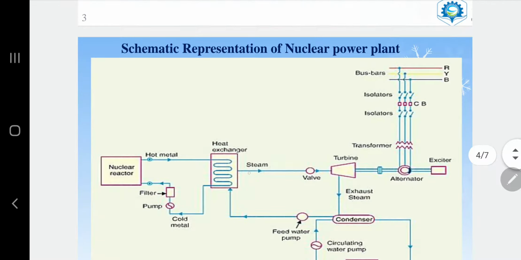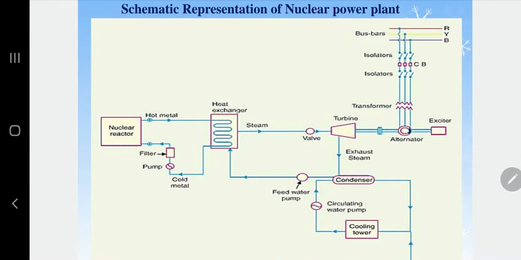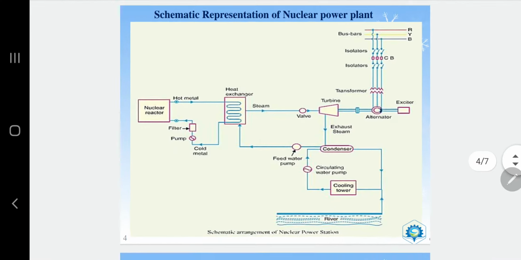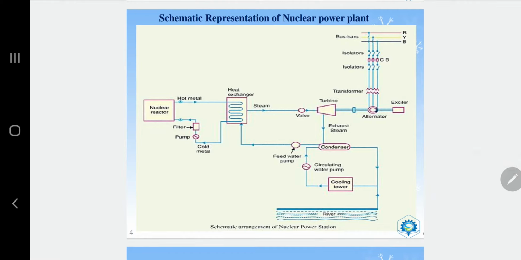So let us move into the schematic diagram of this nuclear power plant. What are the elements in a nuclear power plant? First let us go through the elements. The first one is a nuclear reactor where the fission process is going on. Then comes the heat exchanger. Then here you can see the turbine.